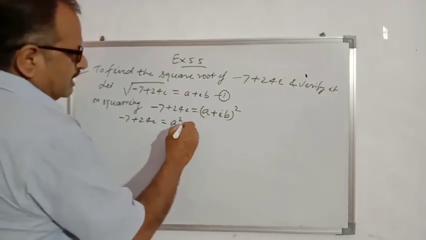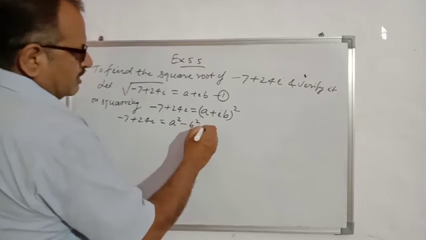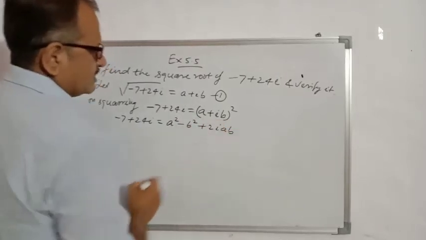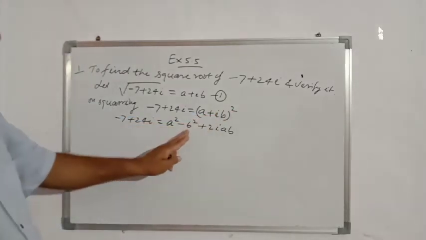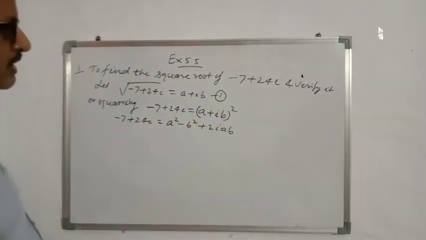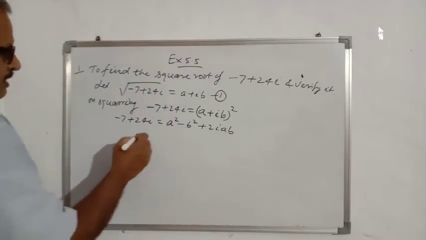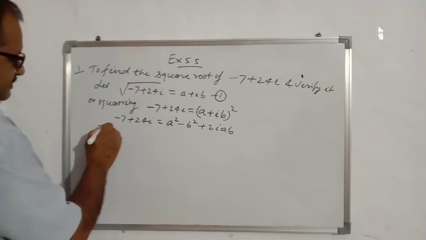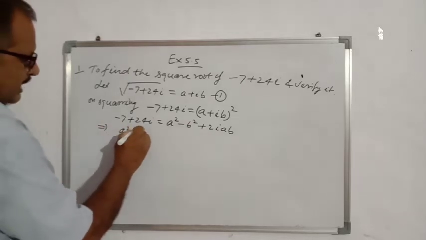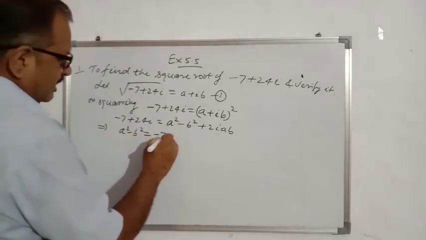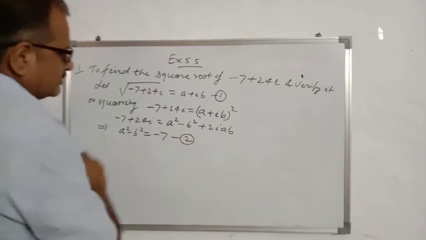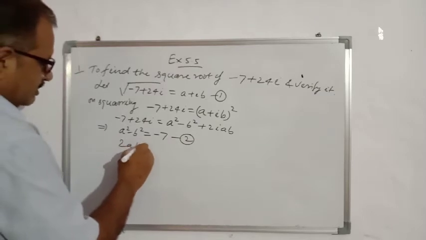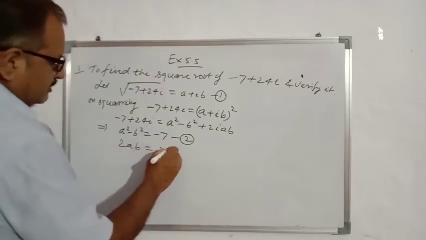So it will be a square minus b square plus 2iab, because i square value will be minus 1. On comparing the real and imaginary parts, we will get a square minus b square is equal to minus 7 and 2ab is equal to 24.